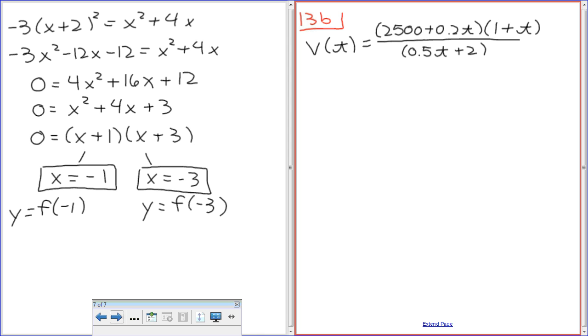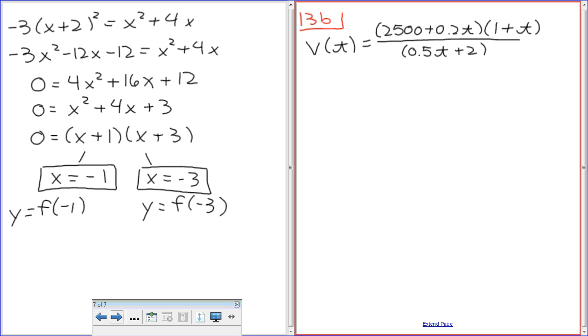I don't know which way is easier. Is this like instantaneous rate of change? Yeah, you have to basically find v prime of t. You could FOIL the numerator first. I don't know if that's going to save anything. Or you can just do it like this with three things. We'll do three things together like this.